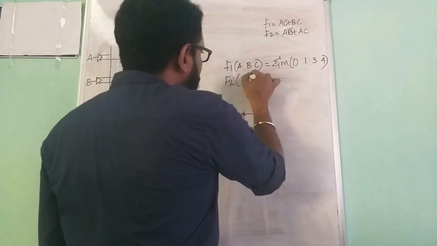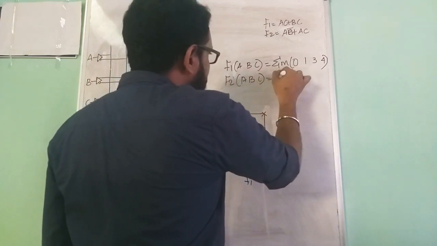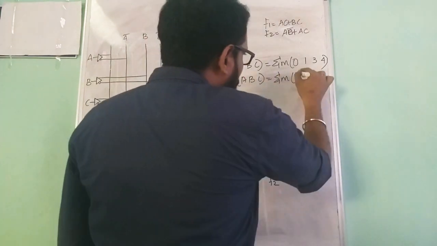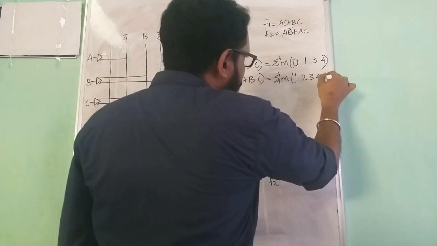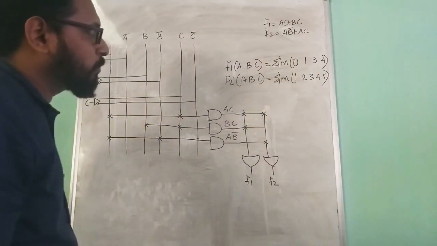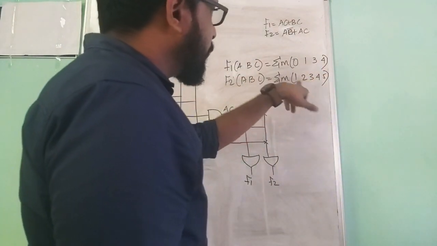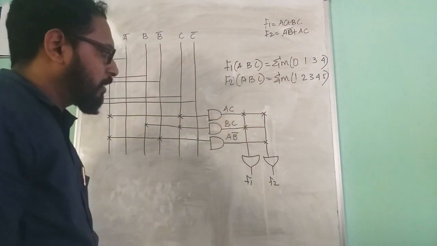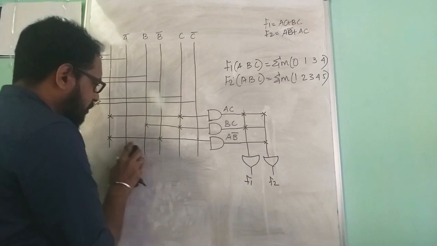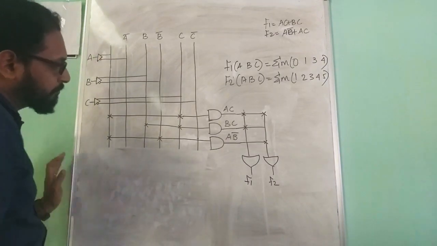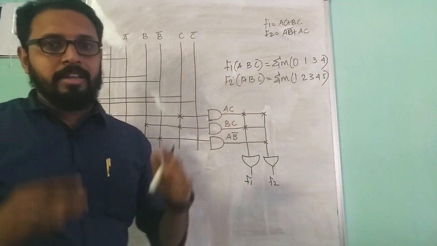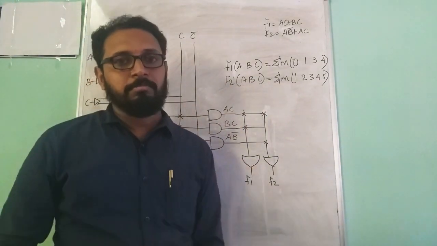F2 of ABC is equal to sigma m 1, 2, 3, 4, 5. I think it's clear to you right now. Try to find the values for this also and construct the figure. If you have any doubt, feel free to ask.